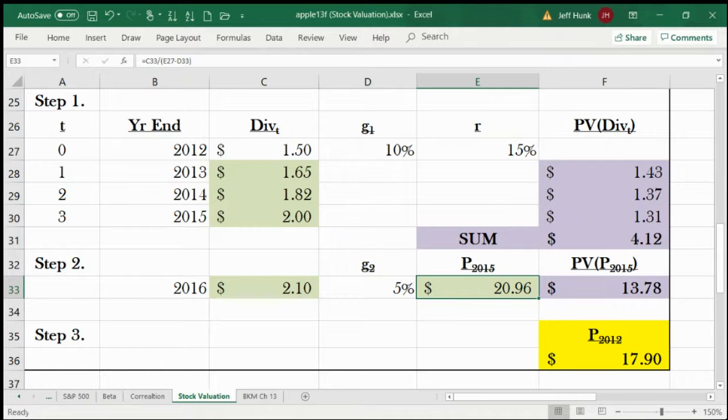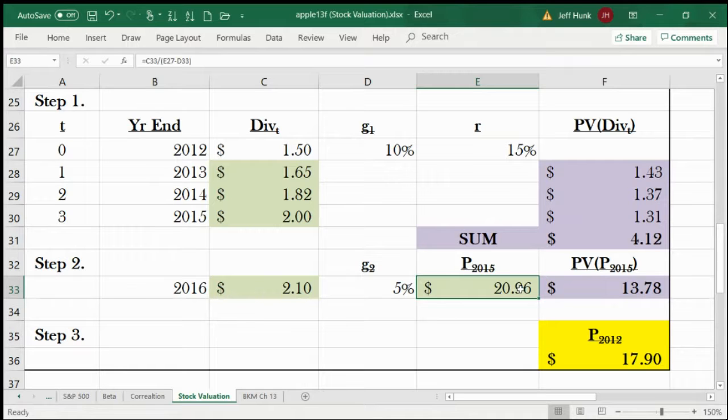But again, 2015 is not where we are. We are at what point? We are at the end of 2012, this time zero, isn't it right? We're slightly past that. So this is the end-of-2015 value. What do we need to do?